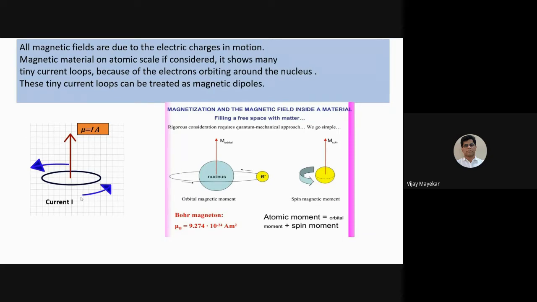Because charge is in motion, it makes current, and current gives you the magnetic field. So these are the two dipole moments we have created because of simple electron motion: one is the orbital magnetic moment and the second is the spin magnetic moment. Here the Bohr magneton is written.